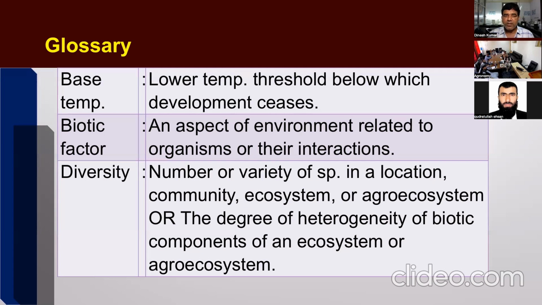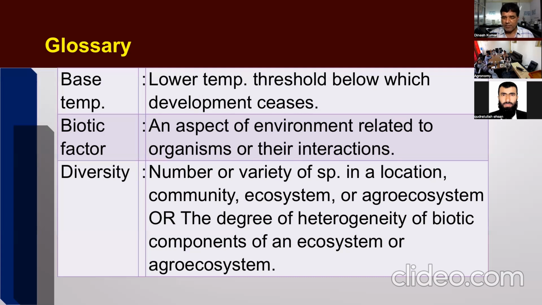Biotic factors means an aspect of environment related to organisms. Biotic means factors related to living things. It may include your disease-causing organisms. It includes animals or insects or plants, etc.